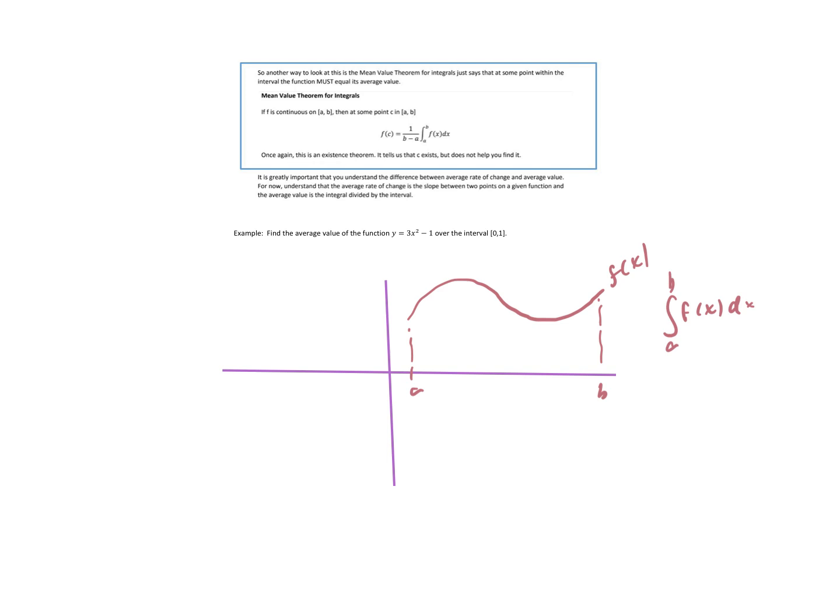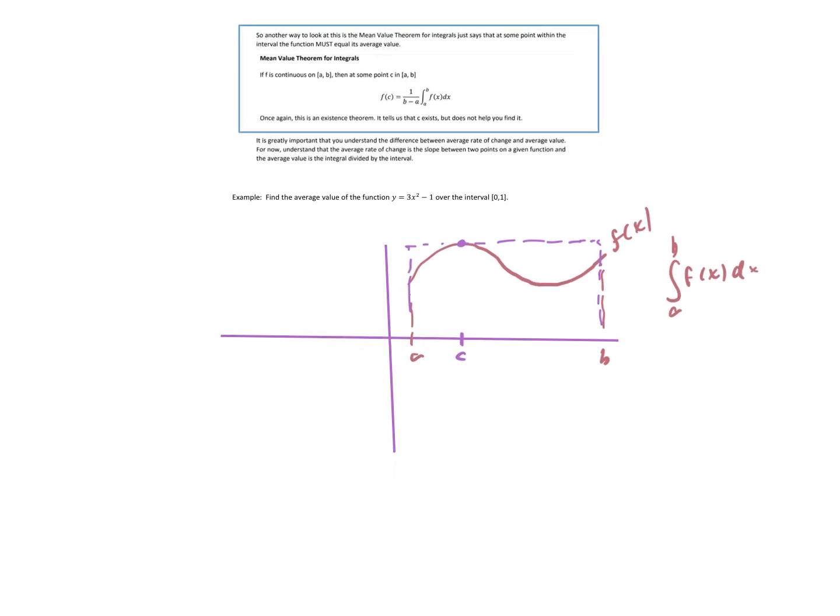What this theorem says is that there's a rectangle with a specific height, let's say right here, we'll call this c, that if I find the area of this rectangle, it's going to be exactly the same area as the area underneath the curve. If I want to find the area of this rectangle, this is f of c. So I could do base times height.